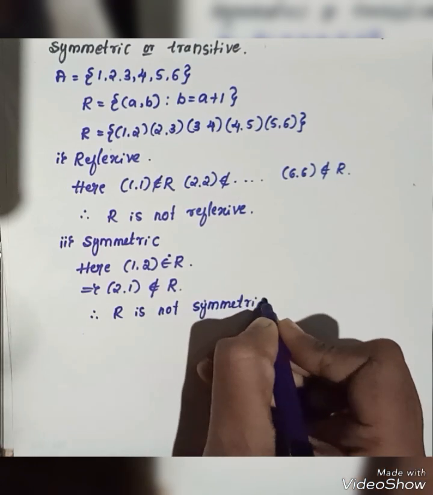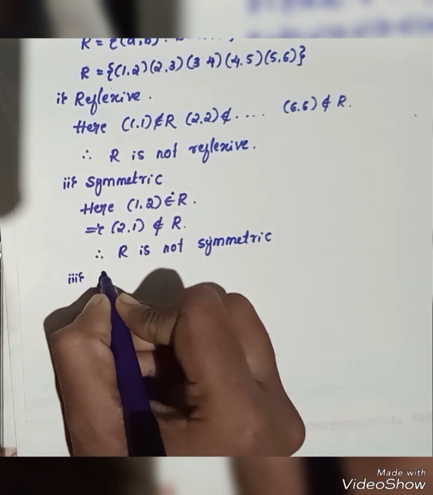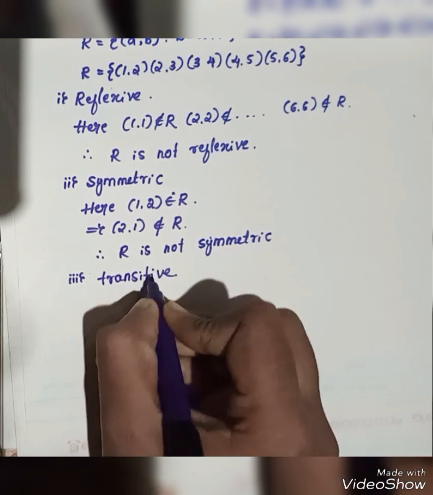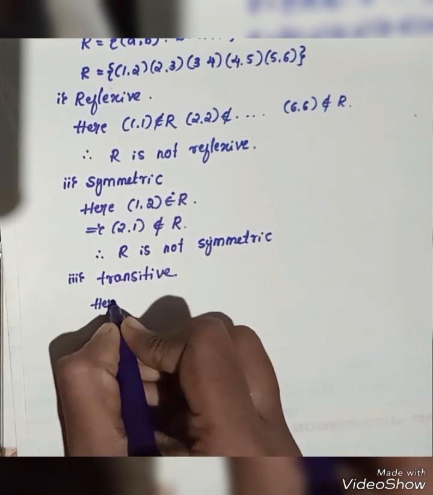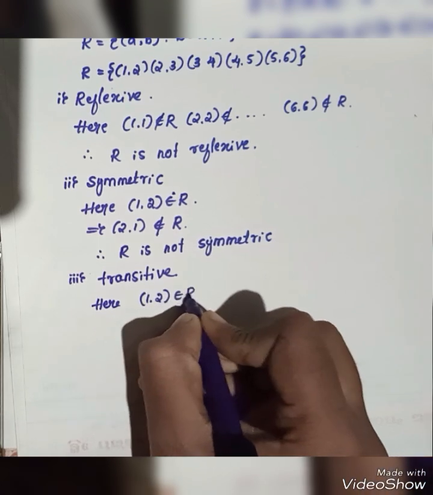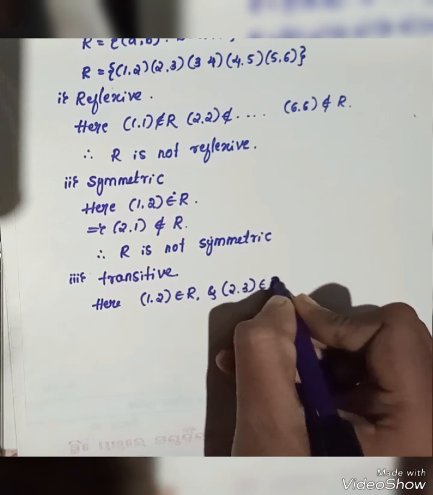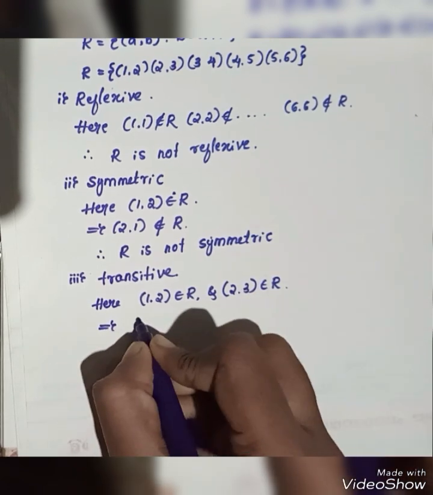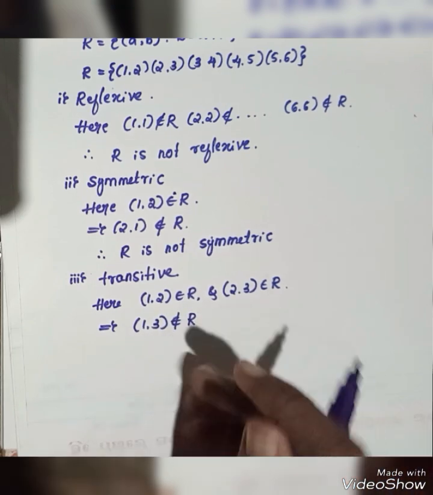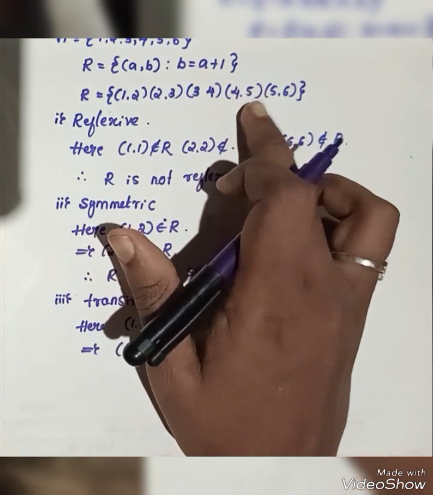Taking the next condition, transitivity. For transitive condition, here (1, 2) belongs to R and (2, 3) belongs to R. That implies (1, 3) should belong to R. Check the relation: (1, 2), (2, 3), (3, 4), (4, 5), (5, 6).